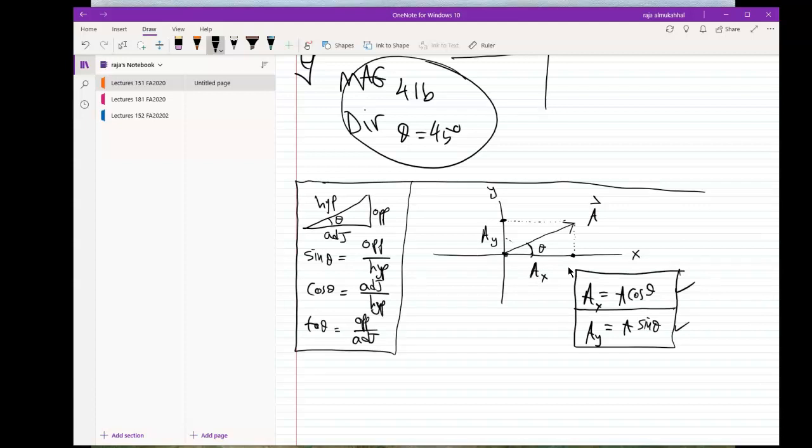So whenever you see a vector and you want to use those 2 formulas, always make sure the angle is measured from the x-axis, not from the y-axis. Otherwise, if it's on the y-axis, A sub x becomes A sine of that angle. With respect to the x-axis it's a cosine; with respect to the y-axis, it's a sine. Got it? Okay.